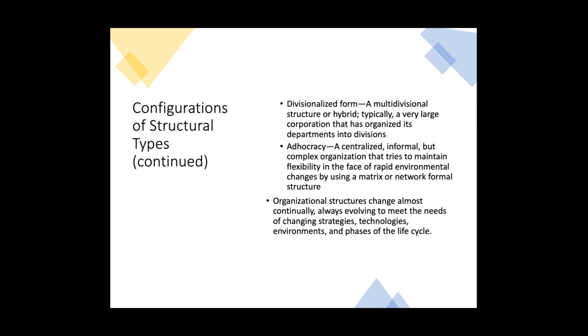And these are typically highly technical companies, companies that try to use a matrix or network structure to provide lots and lots of different options in terms of how the organizational structure can change and adapt to a rapidly changing marketplace.